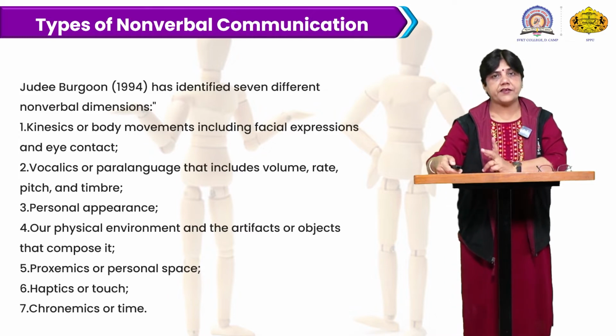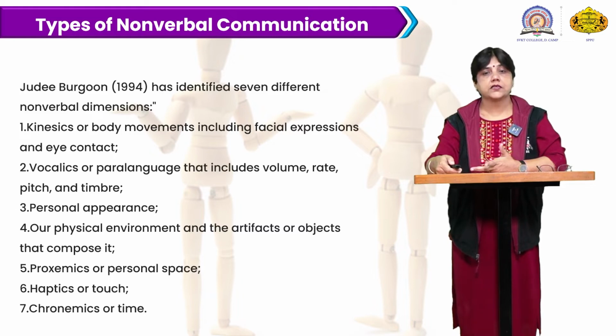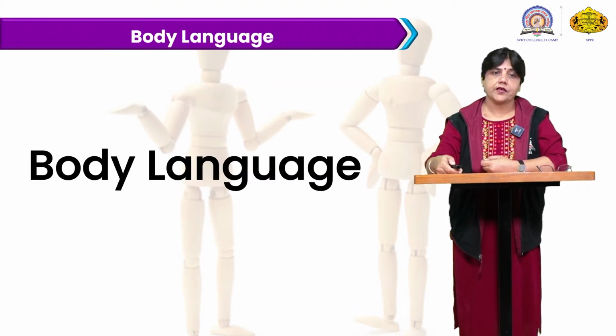So these are the 7 types where we see our body movement, our paralanguage like volume, rate, pitch, timbre, then our appearance, our physical environment, then personal space, touch and time. These are the 7 types of non-verbal dimensions.